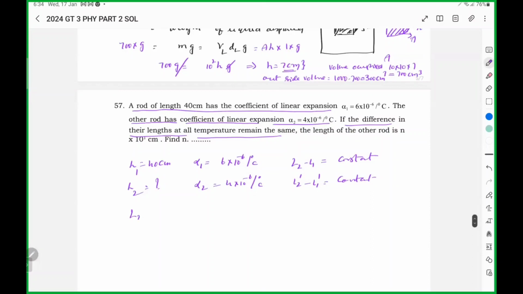So L2 minus L1 is this, L2 dash minus L1 dash minus L. Here it is L2, which is alpha delta T.